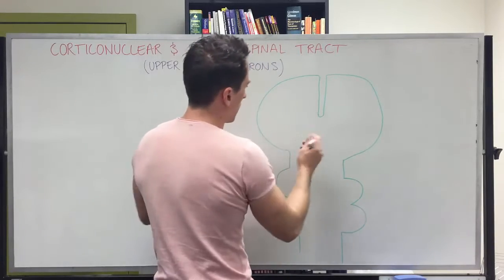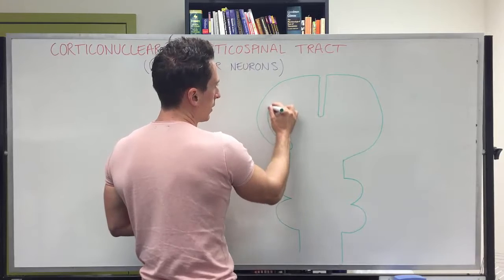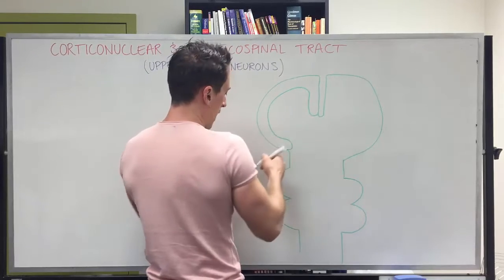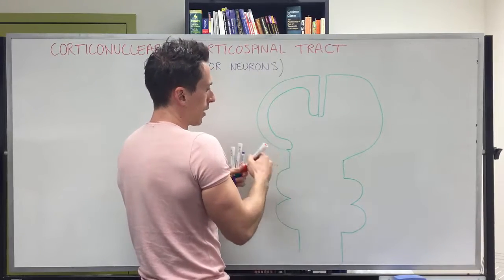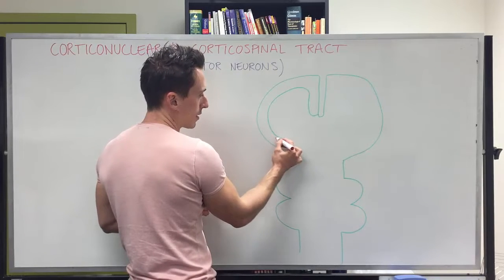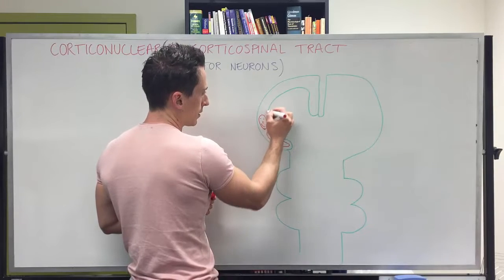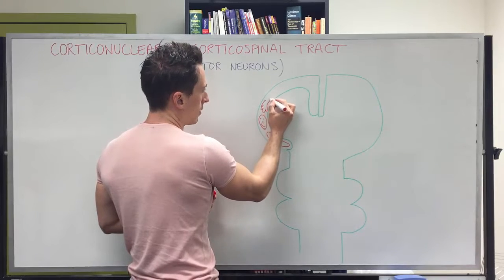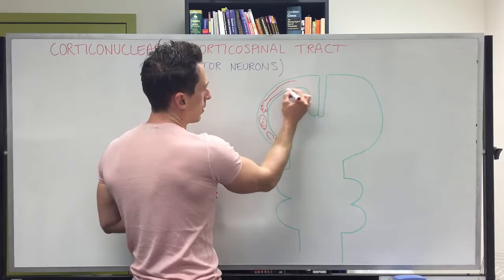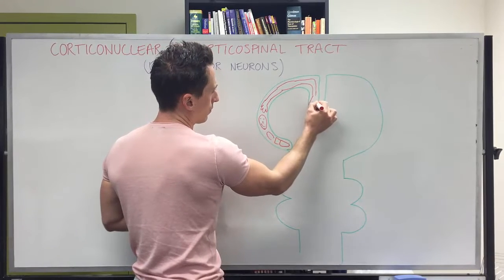So remember I said that the motor cortex is the outer couple of millimeters here. And I said this motor cortex is going to have a map of the pharynx, larynx, tongue, face, hand, arm, body, trunk, knee, and foot.